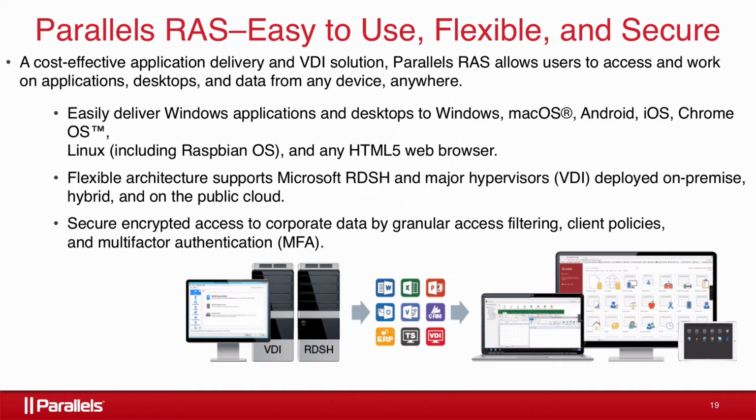Something that is growing a lot is the Chromebook world, especially in education. You can either use HTML5 with a Chromebook or use our client on Chrome OS. Depending on the use case, you can pick and choose.